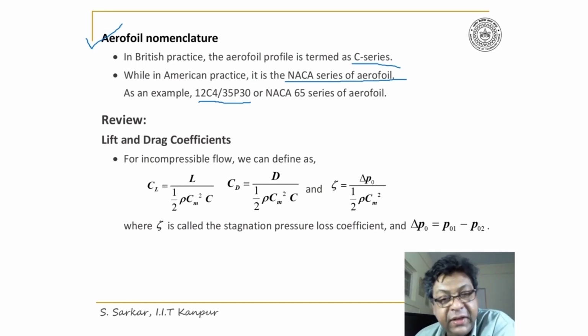What does it mean? C4 stands for a particular class of aerofoil. 12 means 12% thickness. P is the parabolic profile. Similarly, NACA 65 is a series of aerofoil in American practice, so there are books of aerofoil.